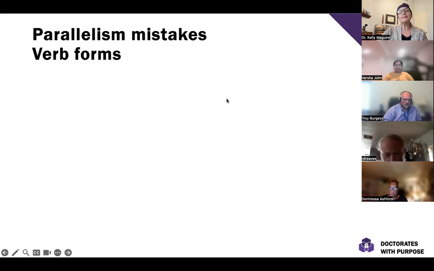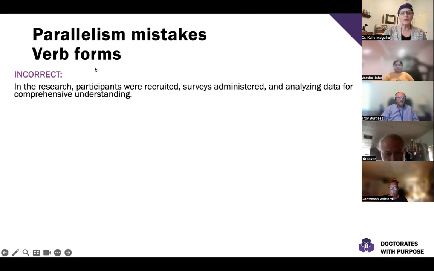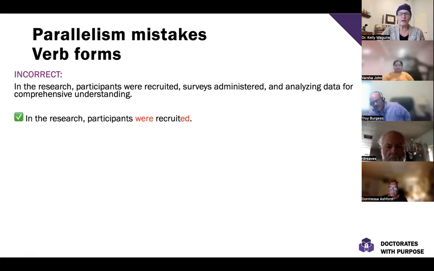So parallelism can have mistakes usually in our verb forms. An incorrect one would look like this. "In the research, participants were recruited, surveys administered, and analyzing data for comprehensive understanding." So we need to check it. I can tell it just doesn't feel right. It doesn't sound right.